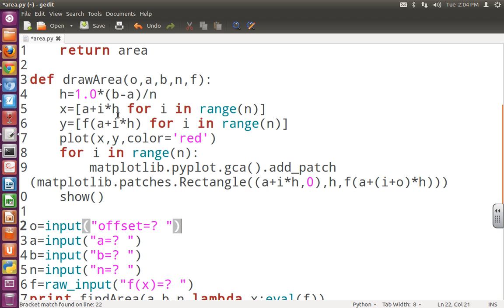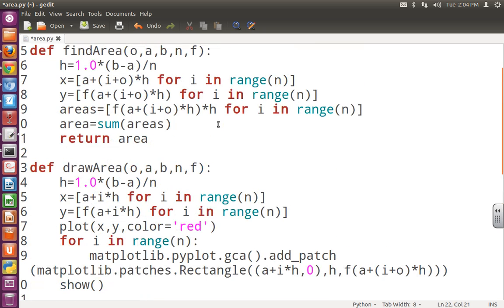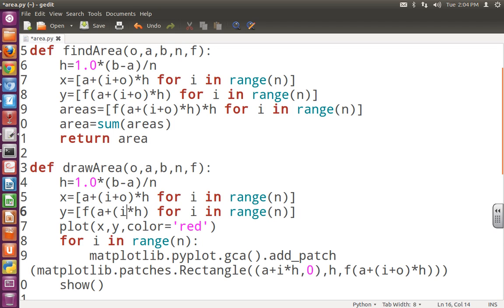I put in I plus O, I plus O, I plus O. Right. I got to do it here too. I plus O. I'm just shifting all the i's over a little bit. It's O, the letter O. Okay?